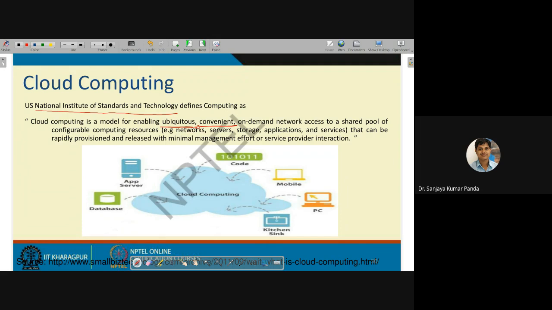So it is up to the user which device the user wants to use and where. Whether it is home, an official location, or even another country, you can use the services provided by your service provider. For example, you can get your emails wherever you want to access them.